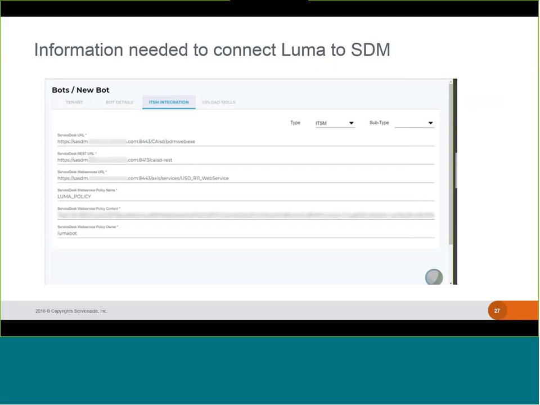So really, this leaves us with only 6 pieces of information that are needed to connect your Luma system to your CA service management.